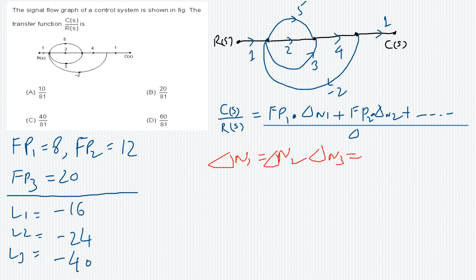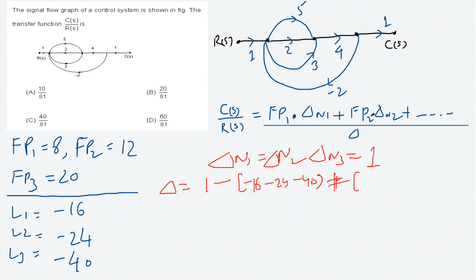Now we can directly see the sum of loops. Delta is 1 minus the sum of loops. The sum of loops is minus 16 minus 24 minus 40, plus the products of two non-touching loops.